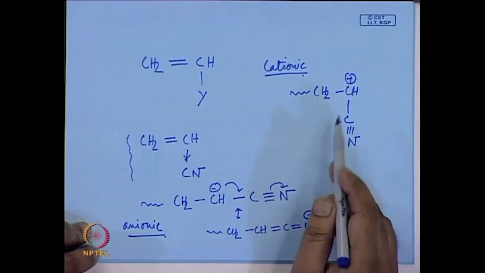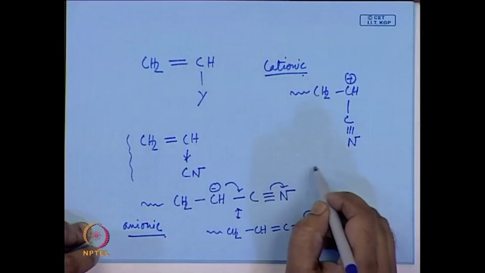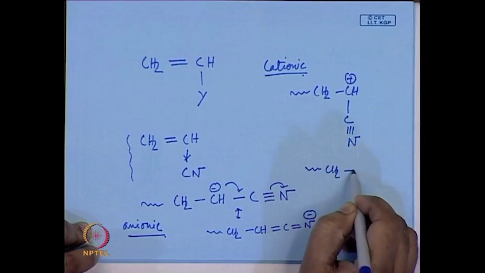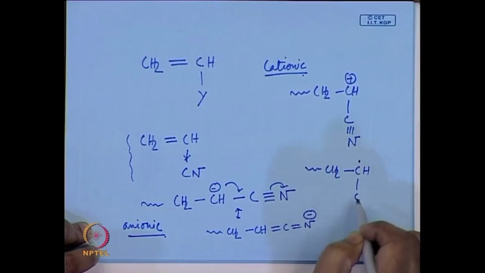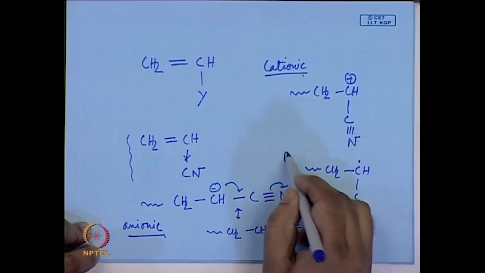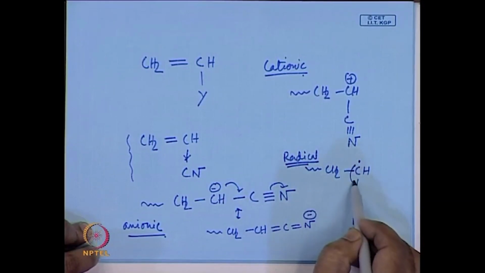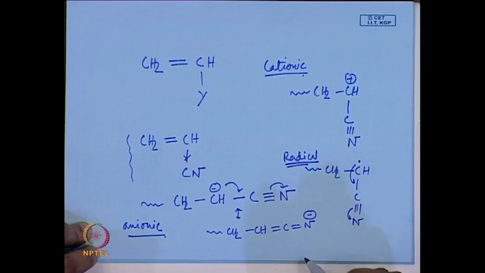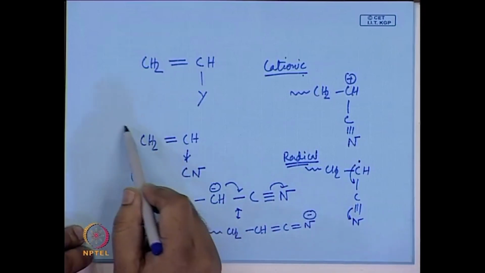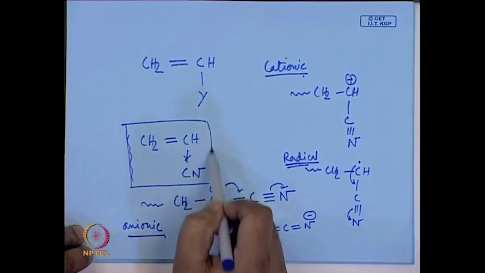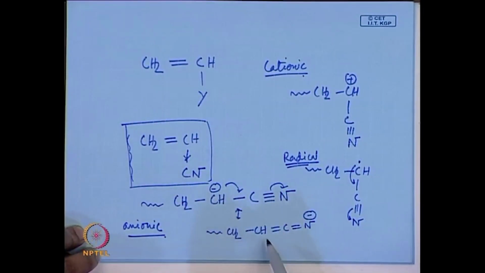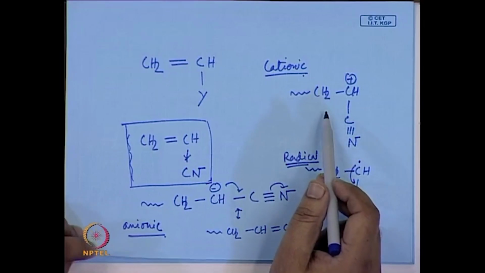Now, if you have a radical initiator, then it will form a radical, and this can also get stabilized by this process of resonance, which means that this acrylonitrile monomer can be polymerized by an anionic initiator and a radical initiator, but not by a cationic initiator.